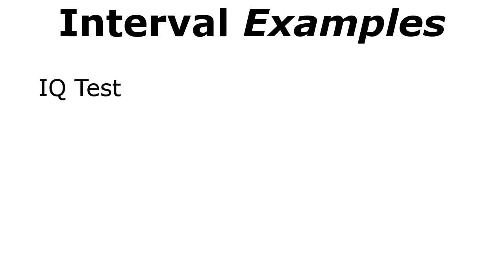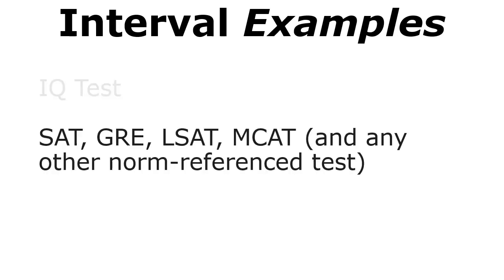IQ test scores can range from very low in the 60s and 70s to very high in the 160s and 170s. The difference between 100 and 110 is roughly, conceptually, the same as the difference between 90 and 100. However, there is no 0 in norm-referenced measurements. But the distance between the numbers is meaningful and relatively the same.